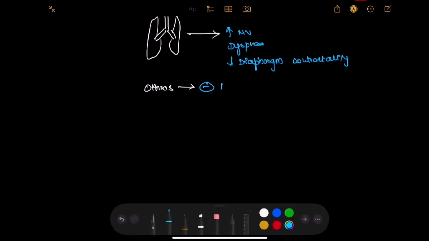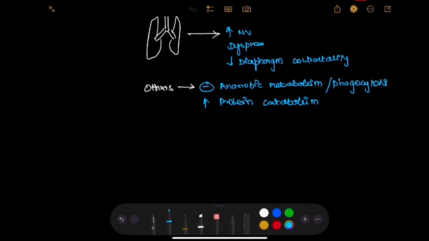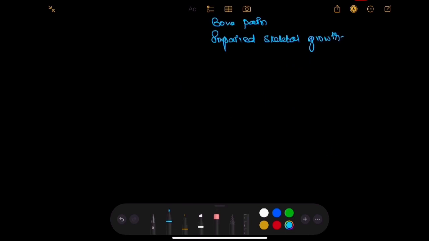The other features occurring due to acid production are decreased anaerobic metabolism, increased protein catabolism, diminished or altered phagocyte function, decreased ATP production, and decreased bone or skeletal growth, which will lead to bone pain due to the buffering mechanisms of bone in compensating for the acid increase.